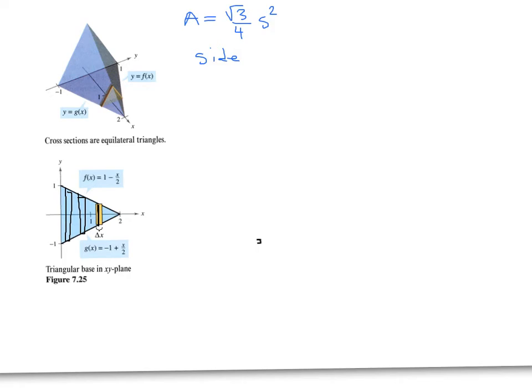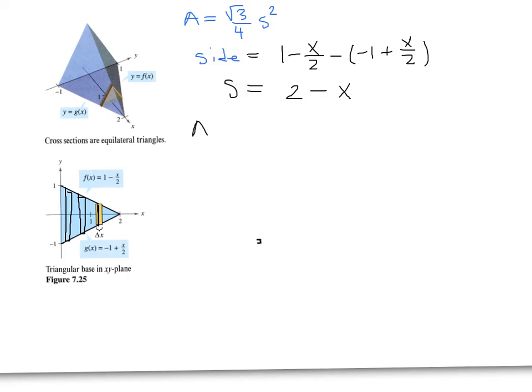And the way to find that length is to do the top minus the bottom. So the top curve is 1 minus x over 2. The bottom curve is negative 1 plus x over 2, which simplifies down to s equals 2 minus x.